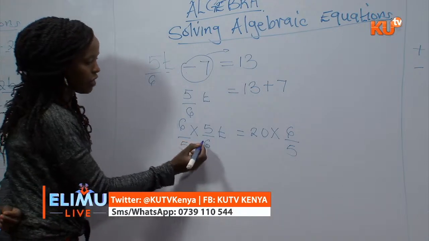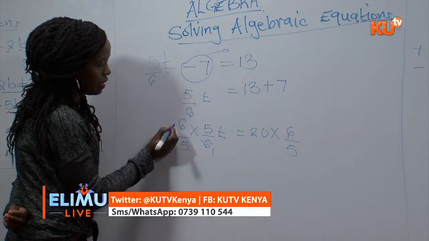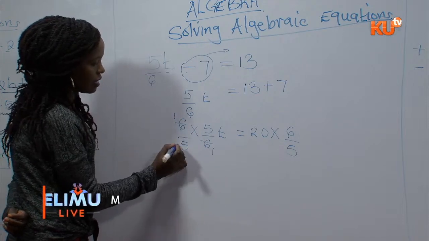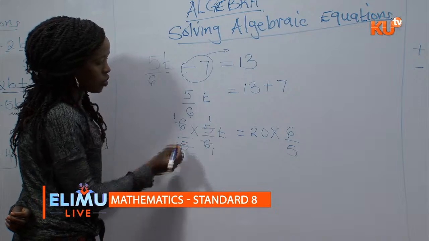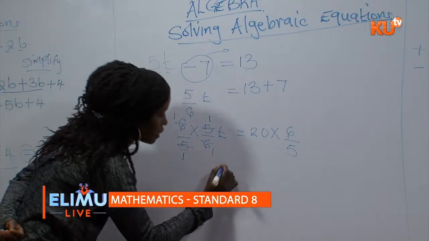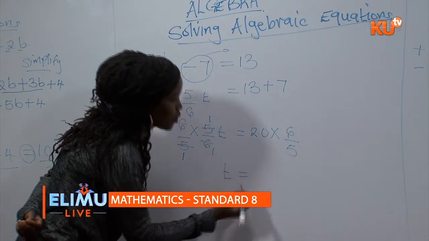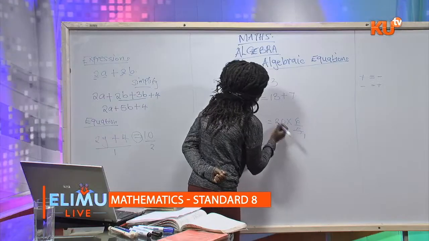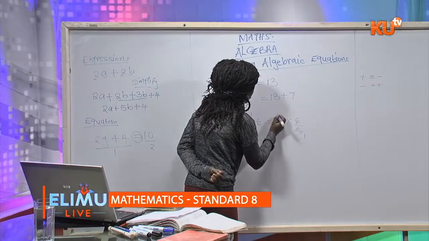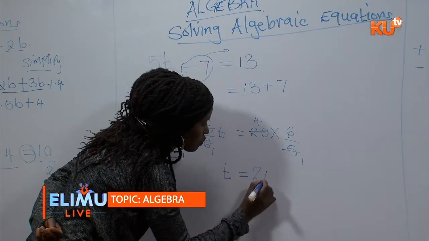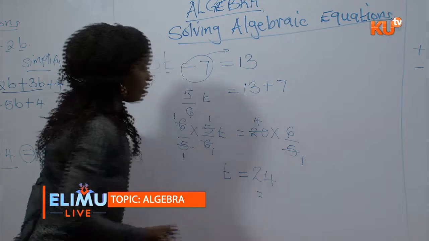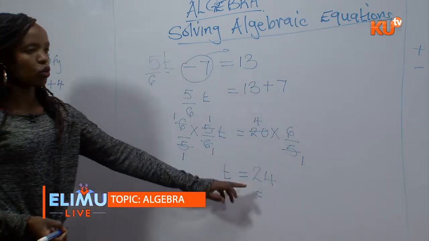Then you simplify: 6 by 6 is 1, 5 by 5 is 1. So on this side I remain with t is equal to 20 divided by 5, which is 4. 4 times 6, I get 24. So the value of our t is 24.